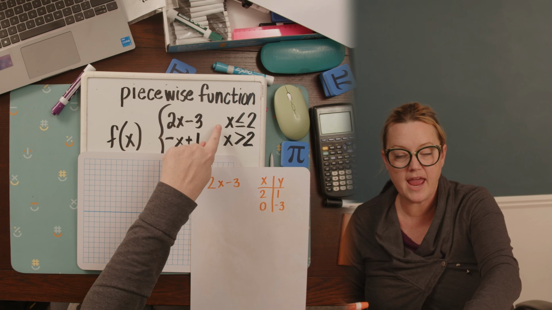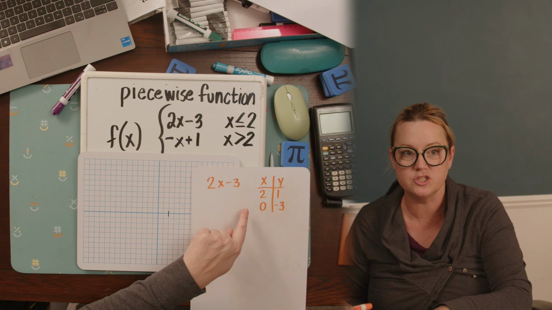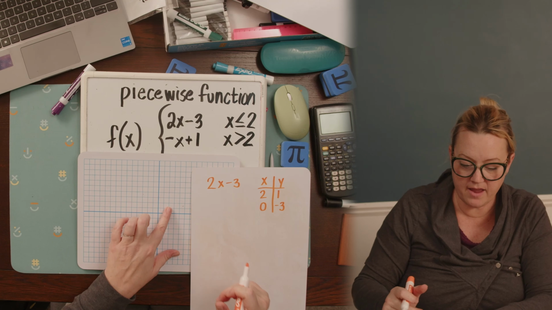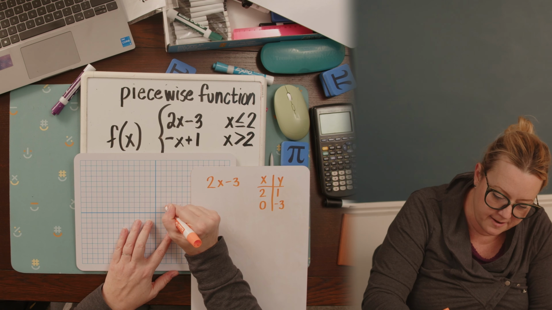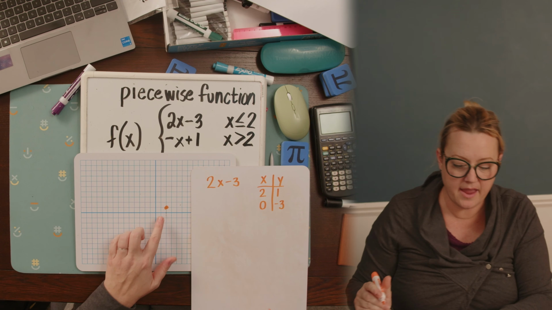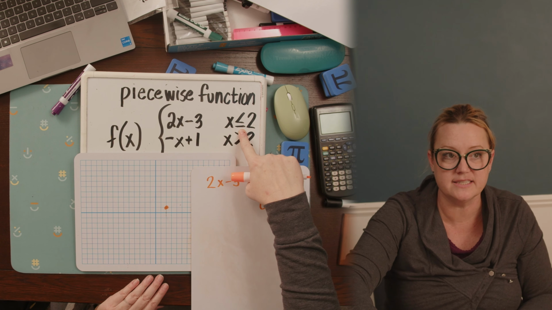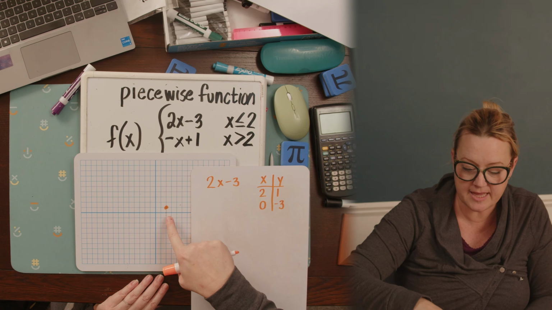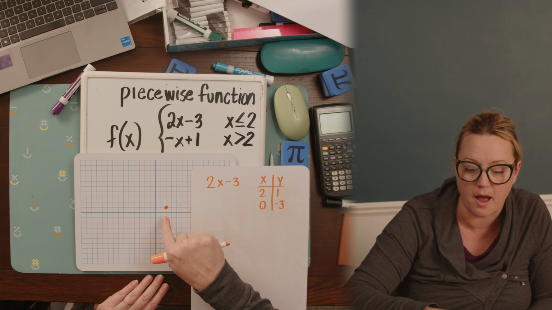So I know that when x is less than or equal to 2, it's going to pass through these 2 points. When it's 2, my y value is 1. Now I'm going to put a point there and fill it in as a colored in circle, because the or equal to 2 means that if x is 2, it is at that point, 2 comma 1.